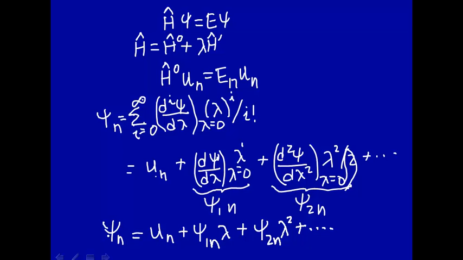All right, so let's do the same thing for energy. We're going to expand the real energy of the full system as a Taylor series over i equal 0 to infinity.